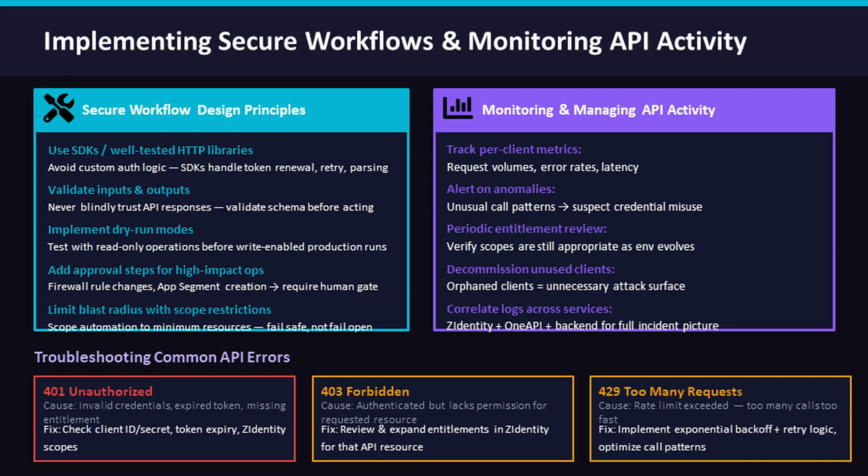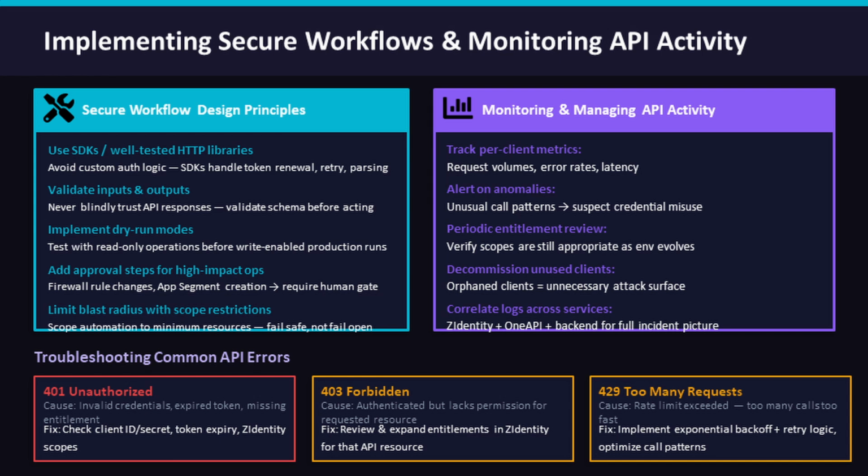Requirements change, and scopes that were appropriate at deployment may be overbroad a year later. Decommission unused clients promptly. An orphaned API client with write access that nobody manages is an unnecessary attack surface. And when an incident occurs, correlate logs across Z-identity, OneAPI, and a backend service to reconstruct the full picture of what happened.